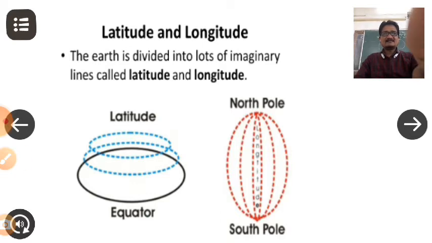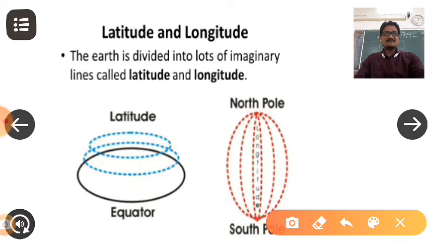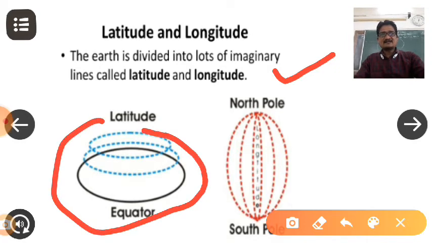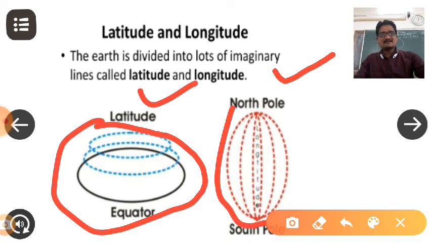The earth is divided into lots of imaginary lines called latitude and longitude. Note down this. These horizontal lines are called latitude, these vertical lines are called longitude.